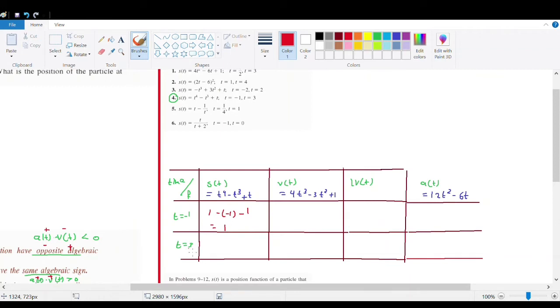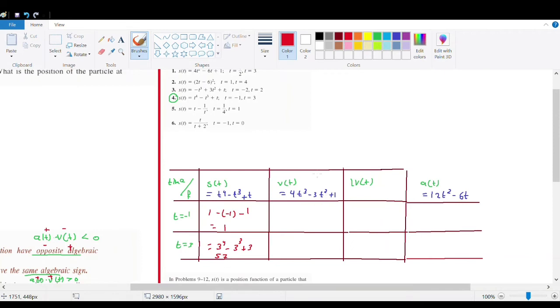Then the position at t equals 3: we have 3 to the power 4 minus 3 to the power 3 plus 3, which is 81 minus 27 plus 3, equal to 57. So at t equals -1, s is 1, and at t equals 3, s is 57.